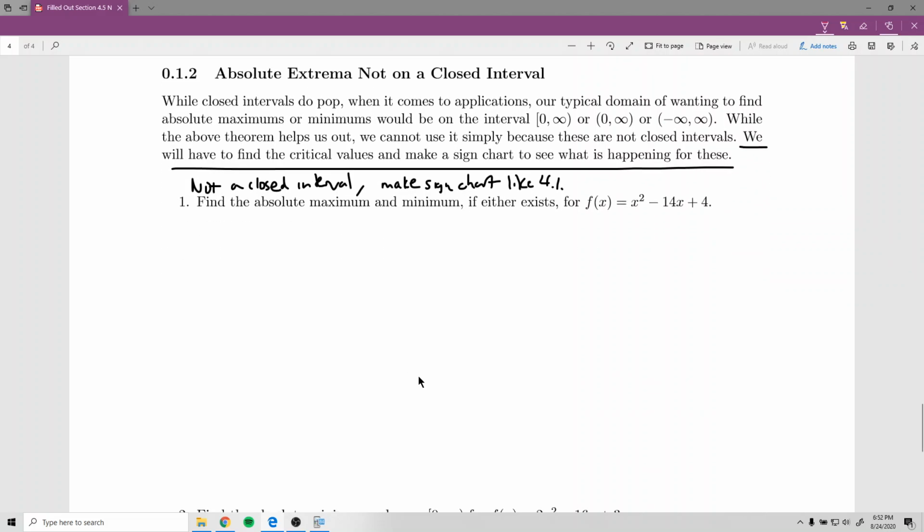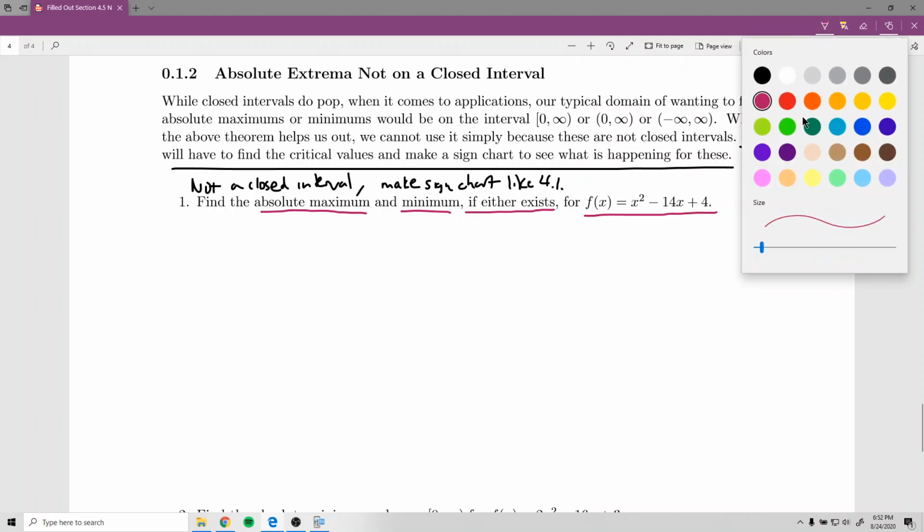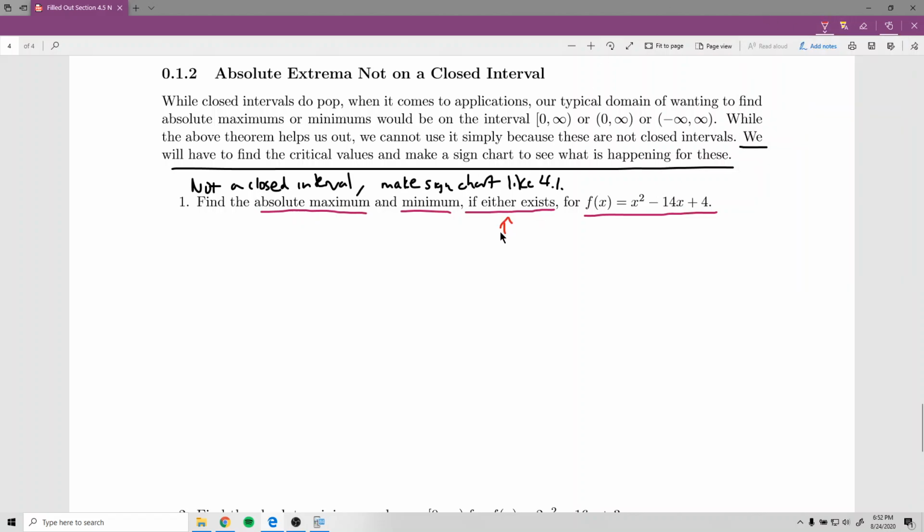All right, so number 1 here says find the absolute maximum and minimum if either exist for f of x equals x squared minus 14x plus 4. Now the reason it says if it exists is we're not given a closed interval. It's actually understood if you're not given the interval that it's on its domain, and this thing has domain negative infinity to infinity.